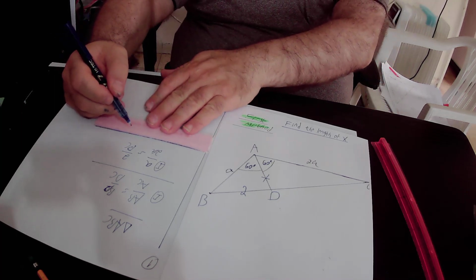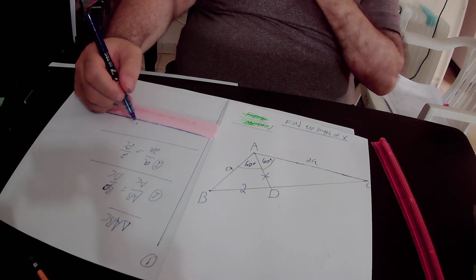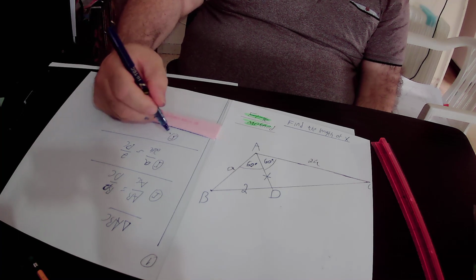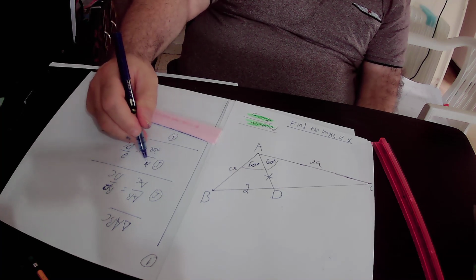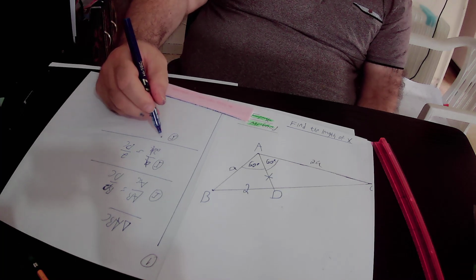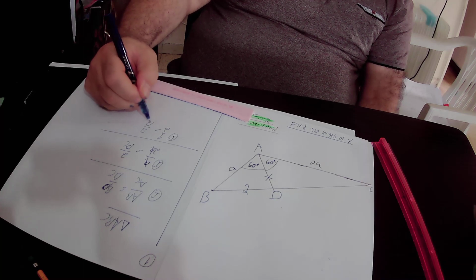So in conclusion, according to equation number 1, A over 2A equals 2 over DC. A over A is 1, so A gets cancelled. On this side of the equation we have 1/2 equal to 2 over DC.